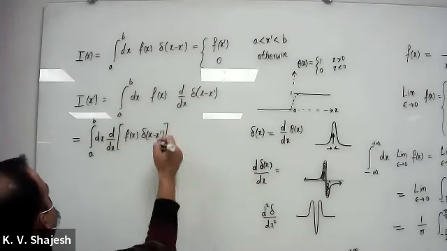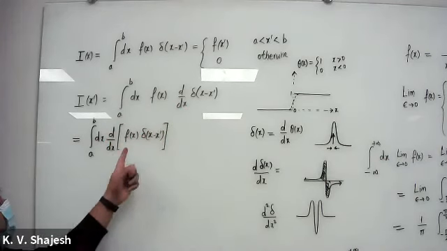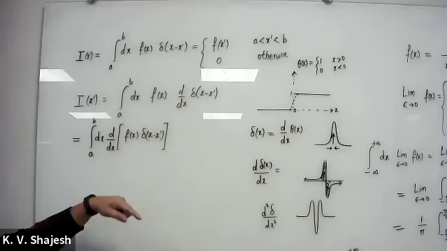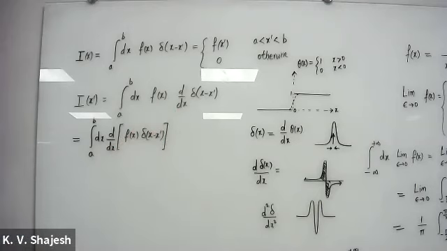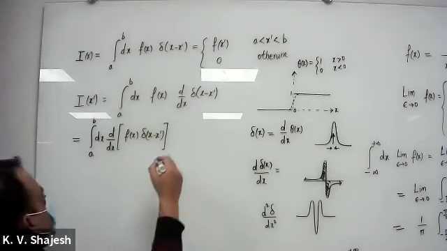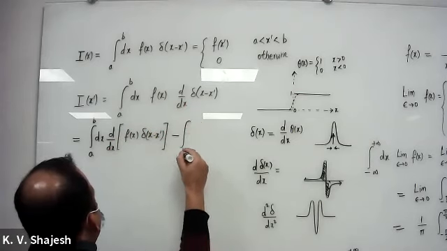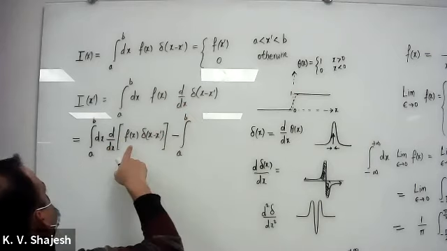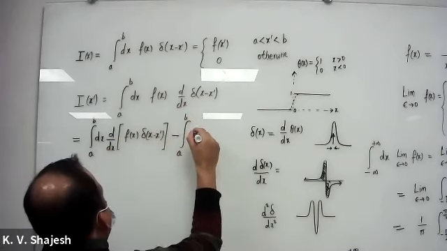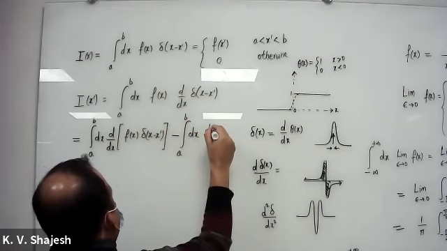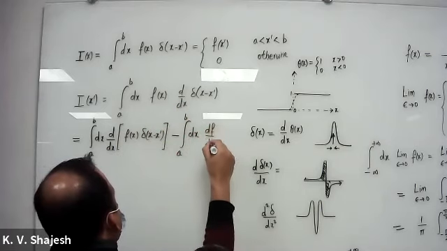That's obviously not correct. This is not equal to this because here derivative acts on the function f of x. Here it acts only on one, so I have to subtract it out. That's one way of looking at integration by parts. So that's a to b. I have to subtract out that quantity. So this is df over dx. We operate only on that, and then delta function.